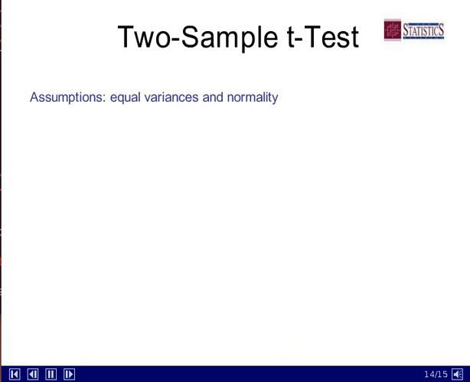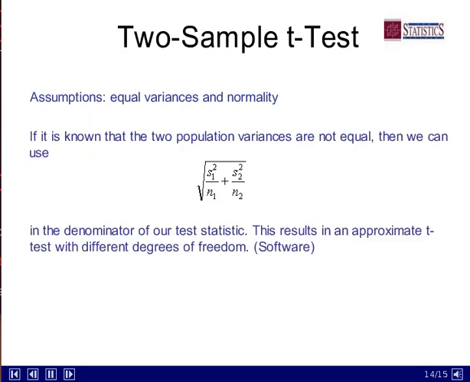Now, one of our assumptions right up front was that we had equal variances. We're also assuming normality. If it is known that the population variances are not equal, then we can use a different variance or standard deviation estimate. A standard deviation estimate would then be the square root of S1 squared over N1 plus S2 squared over N2. In other words, since we're not assuming a single sigma squared, we don't factor that out and form a pooled estimate.